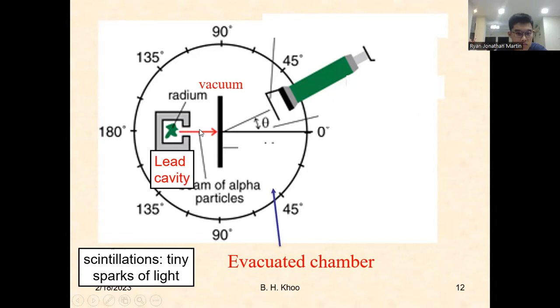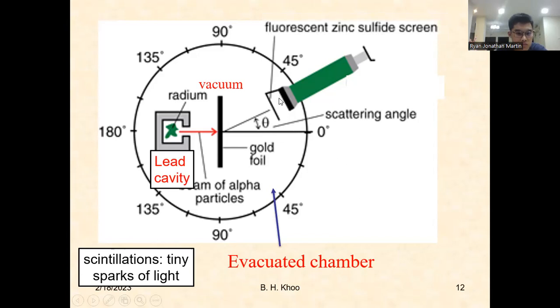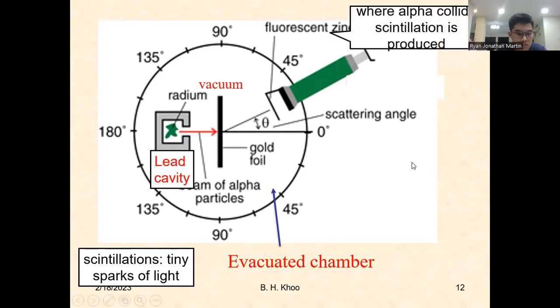We just want it to come out straight. There's your gold foil, the scattering angle, and then the fluorescent zinc sulfide screen. The idea is where the alpha hits it, you see a tiny spark there. We call it scintillation. Through a microscope. So the scientists must be very patient, sitting there for hours counting the scintillations.